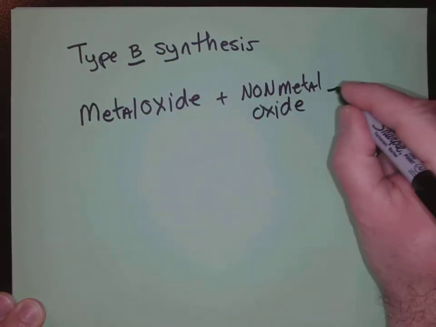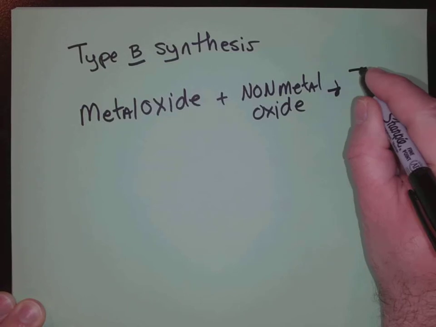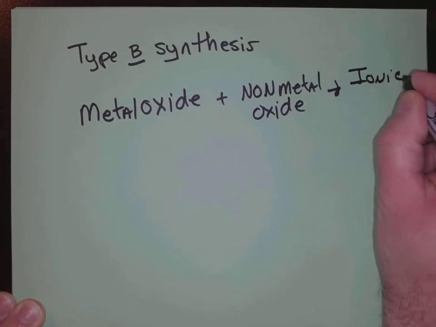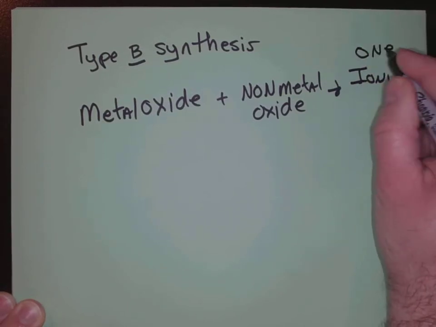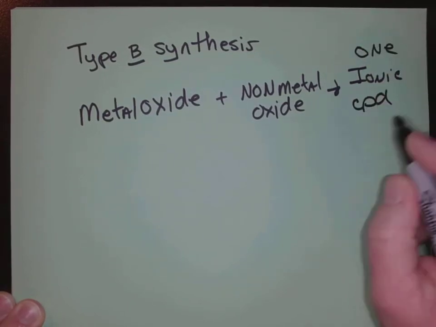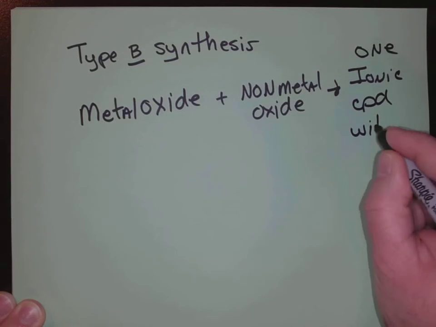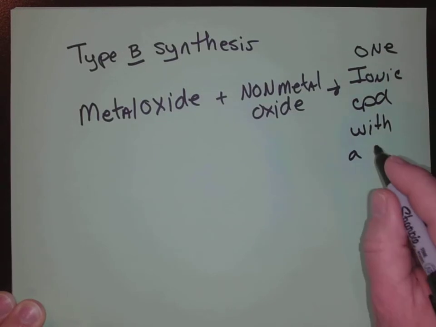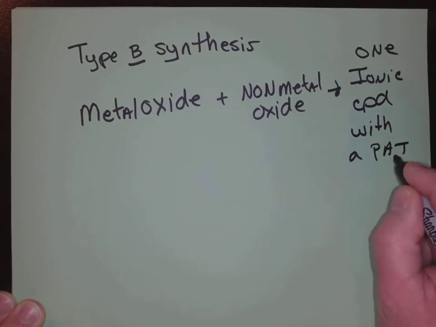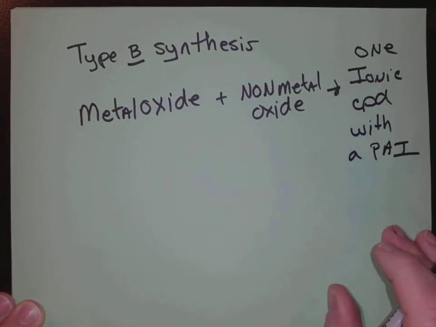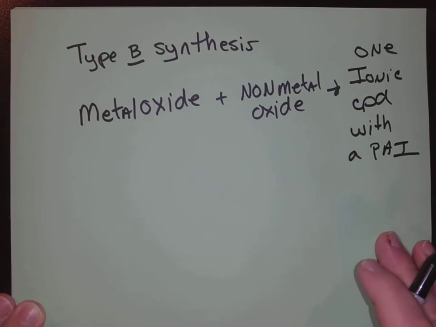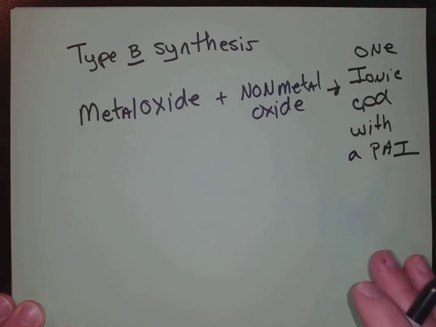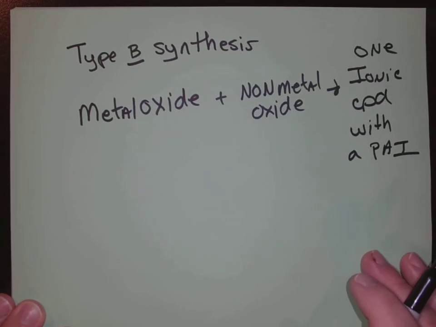And what they're going to create is an ionic compound, again, one ionic compound, with a polyatomic ion, PAI for short. All right. Now, this polyatomic ion is going to be a polyatomic ion that you know already. It's not going to be a crazy one that you haven't seen before. It'll be one of the polyatomic ions that you've seen.